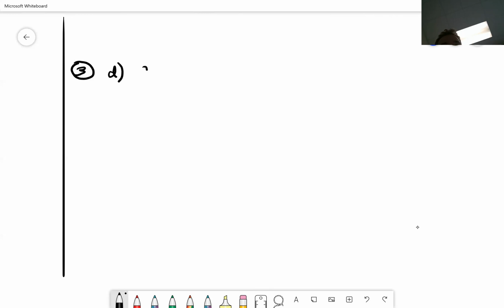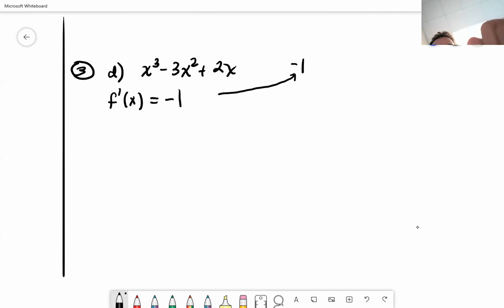They give me the following function, and then they put here -1. So they want f prime of x to equal -1. That's what this is for.